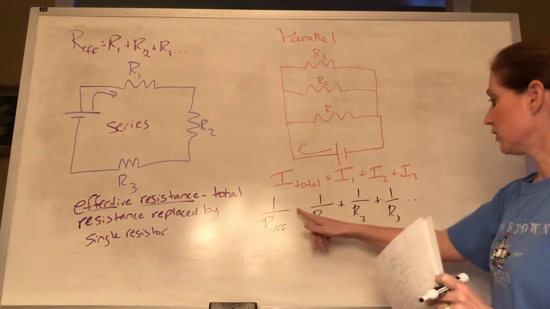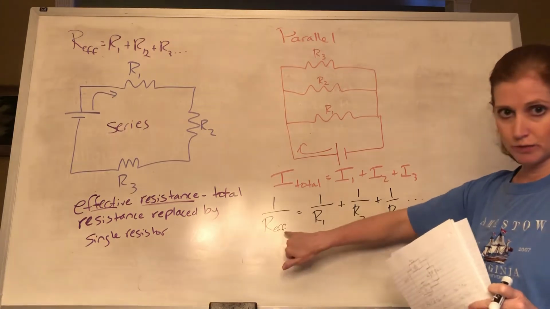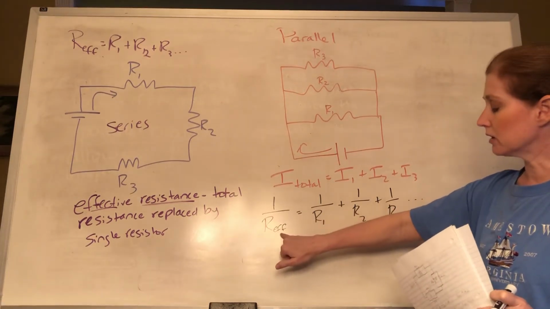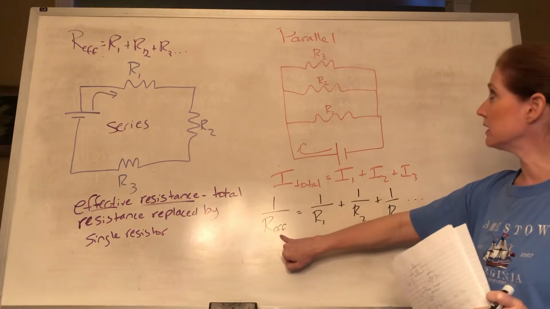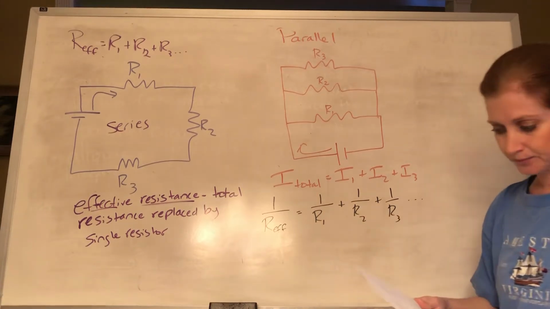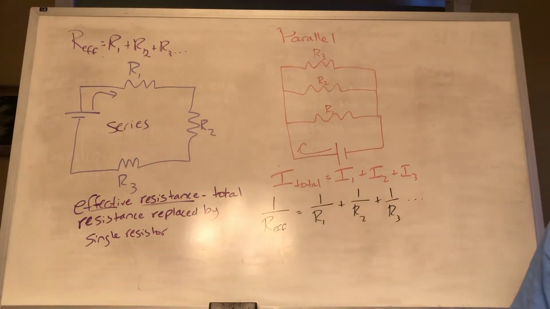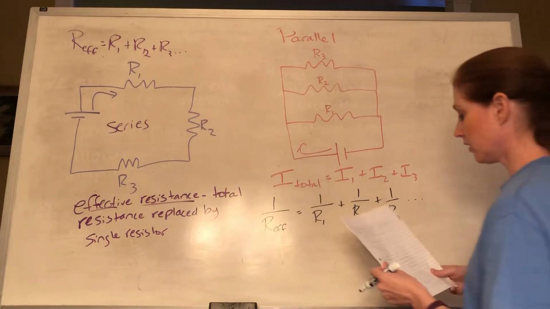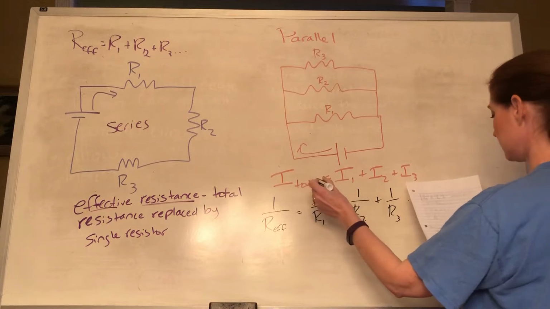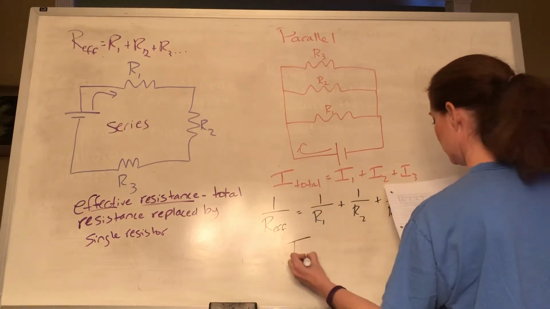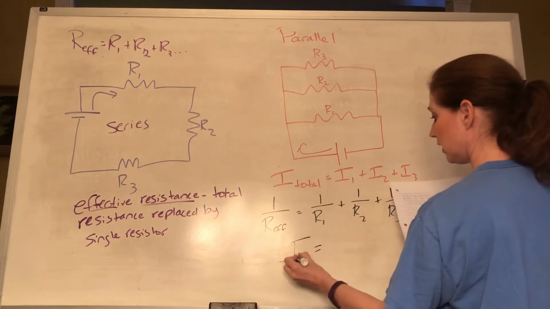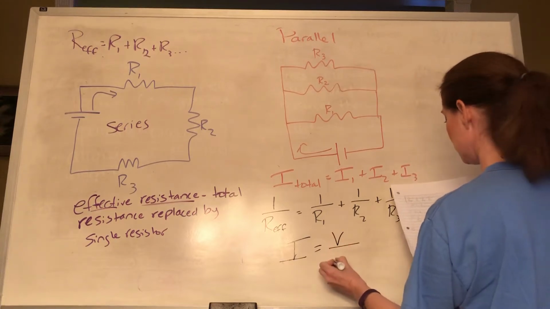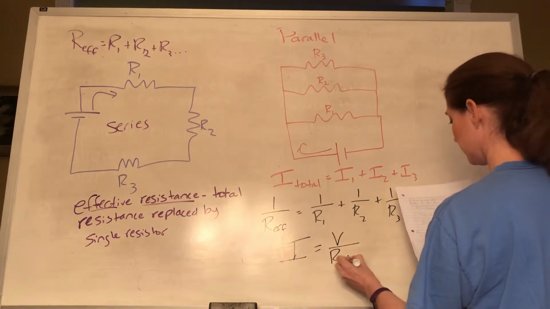So you add that up, and then you need to remember to take the reciprocal to get what your R effective is. All right, and so I total is going to be the voltage over R effective.